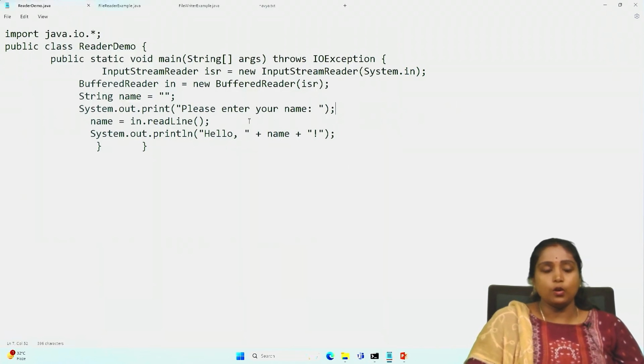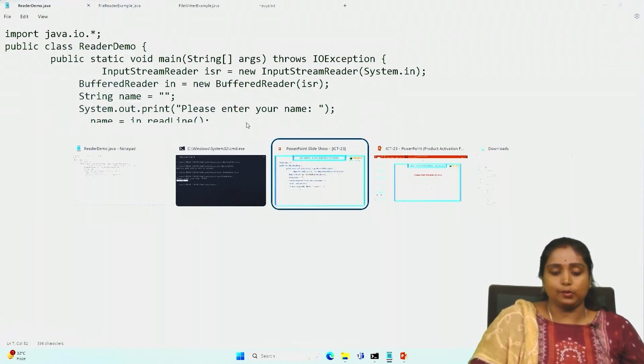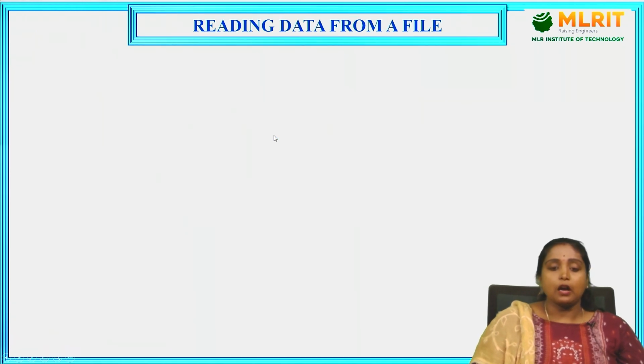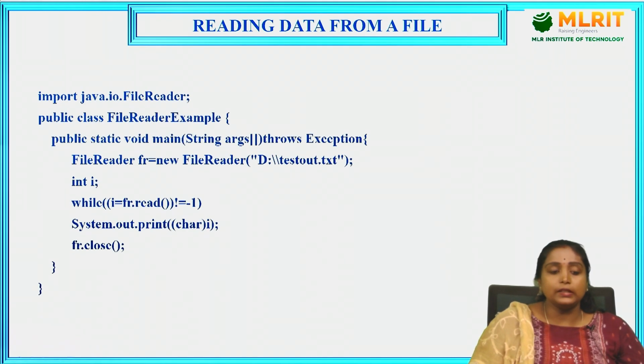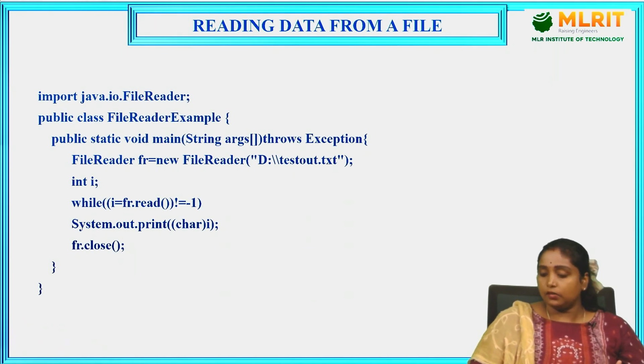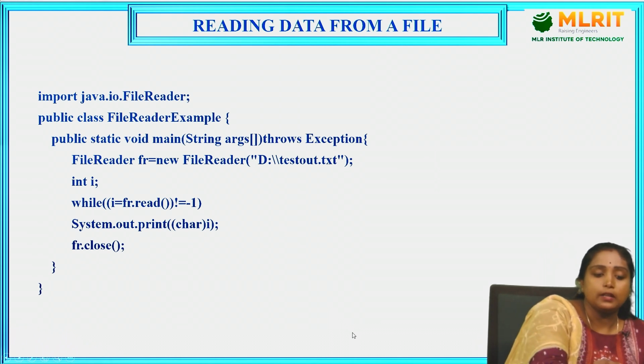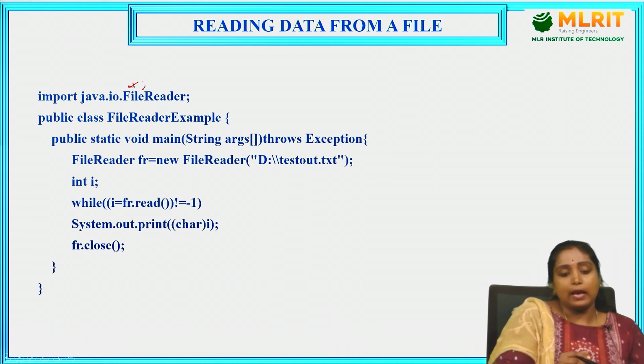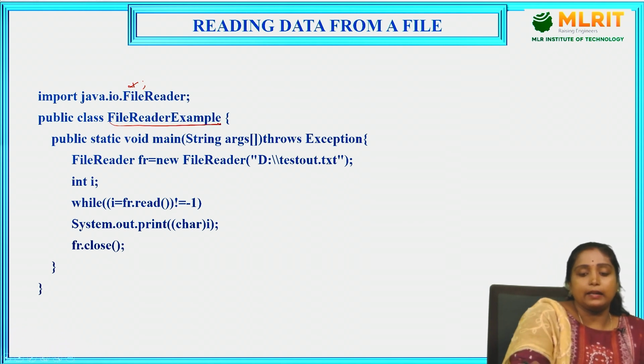So this is how we read data from a console screen. In the same way, let us see how to read data from a file using the FileReader class. First we have to import FileReader, or you can import star also, it is okay. Then the FileReader example, which might throw an exception, and FileReader fr, where you have to give the path of a text file.